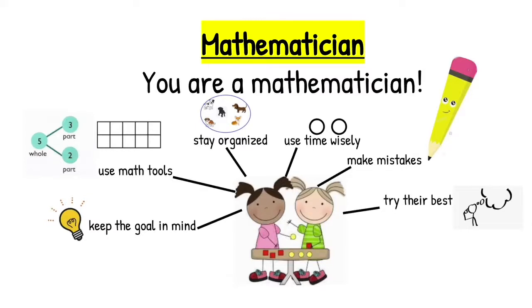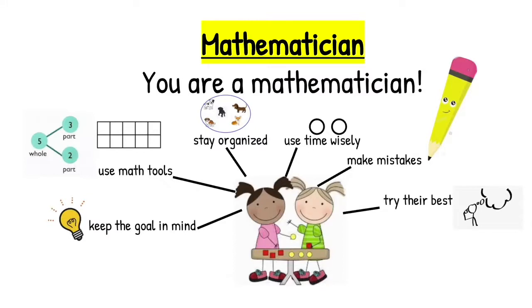Okay, mathematicians use their time wisely. One of the tools that we've been using to help us use our time wisely in these math lesson videos is to draw quick pictures, to help us stay organized. An example of staying organized is how we've been circling hidden parts or groups of 5.